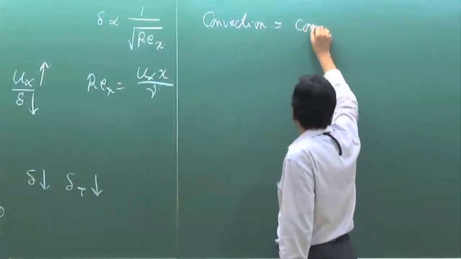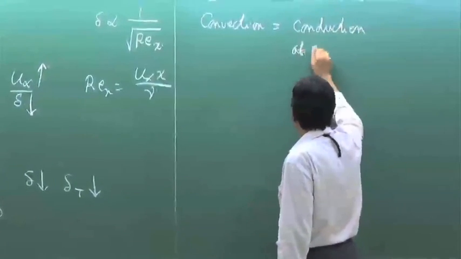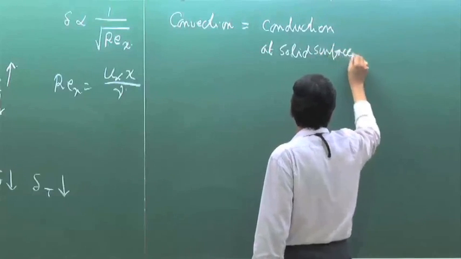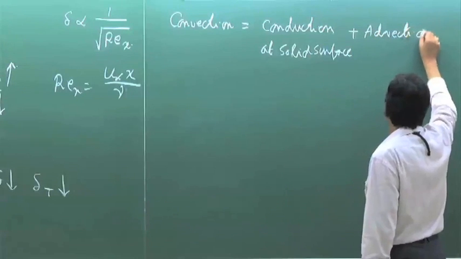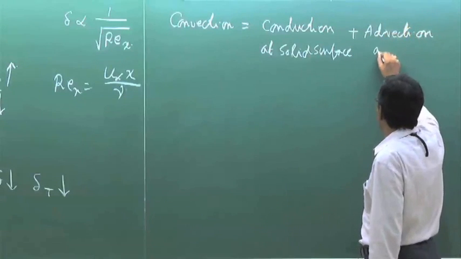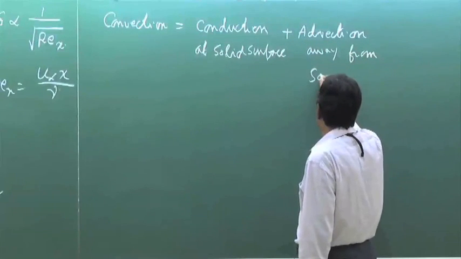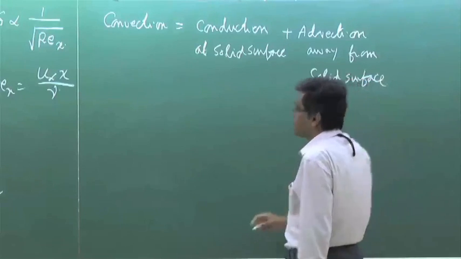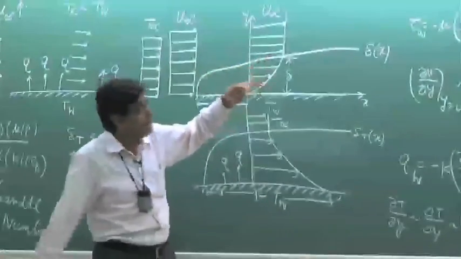One is conduction at the solid surface, plus advection due to flow away from the solid surface. So therefore we see that the convection phenomenon consists of conduction at the solid surface and the advection away from the solid surface. And not only that, they are related.